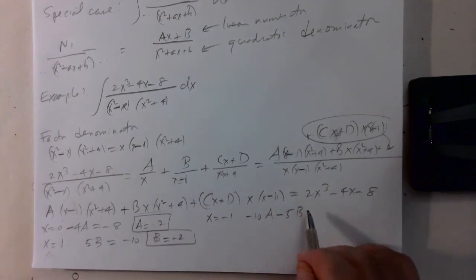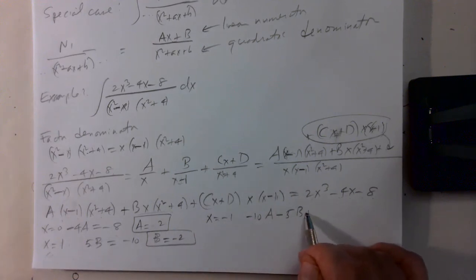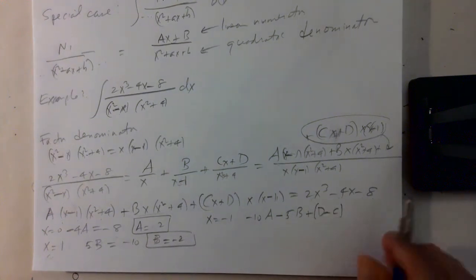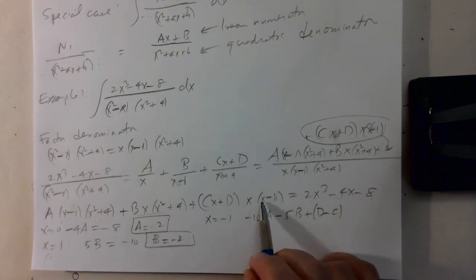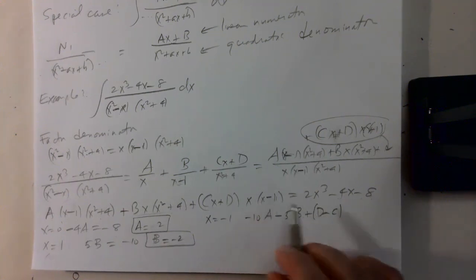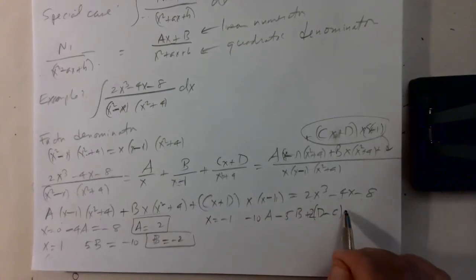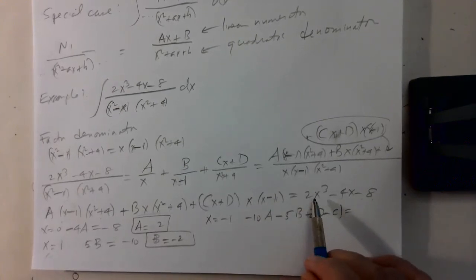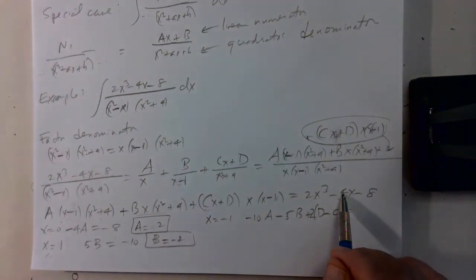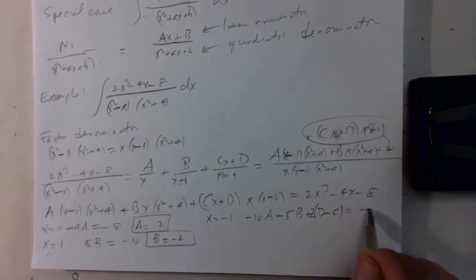When x is minus 1, I get d minus c, times minus 1 times minus 2, which is 2, equals minus 2 plus 4, minus 2 is minus 6.